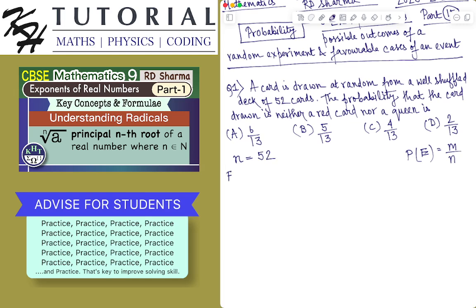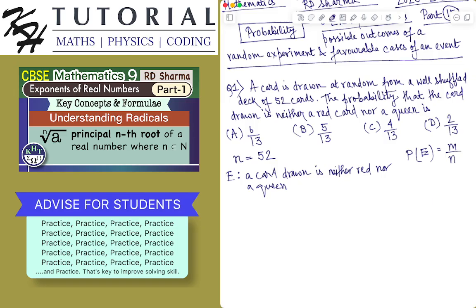Now let's define the event E, that a card drawn is neither red nor a queen. So what is the number of favorable cases for this event?